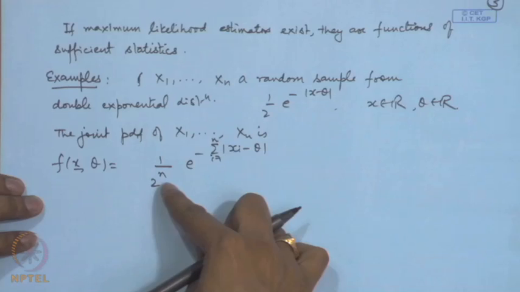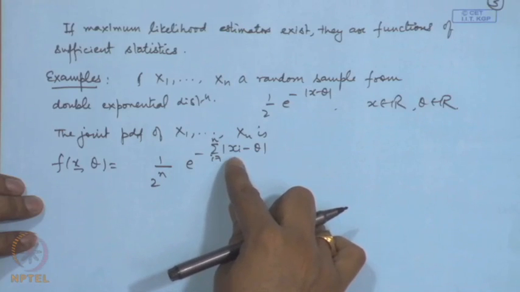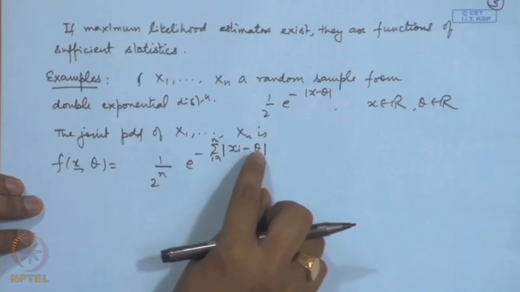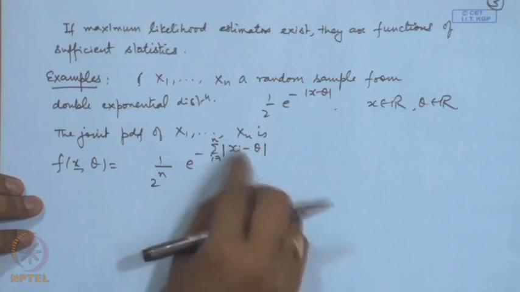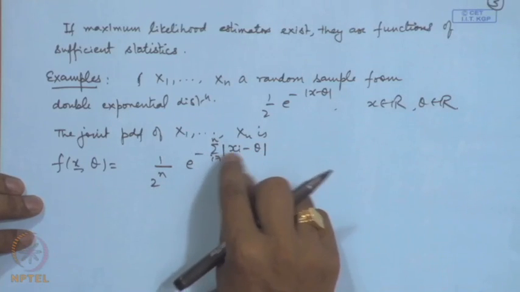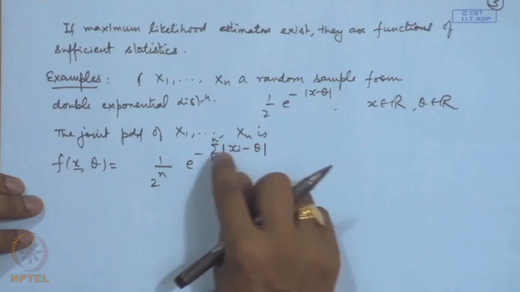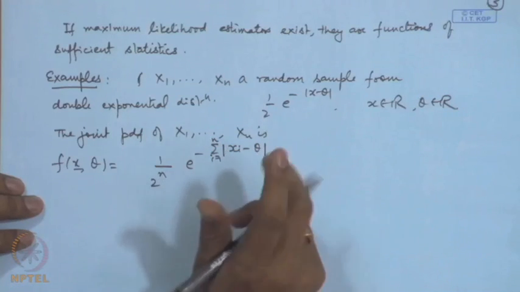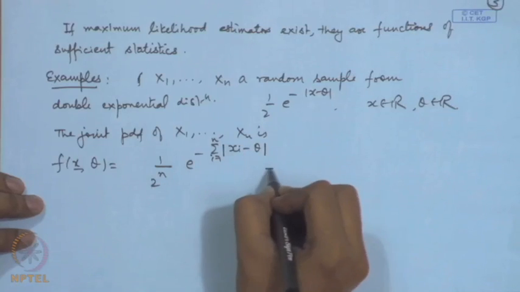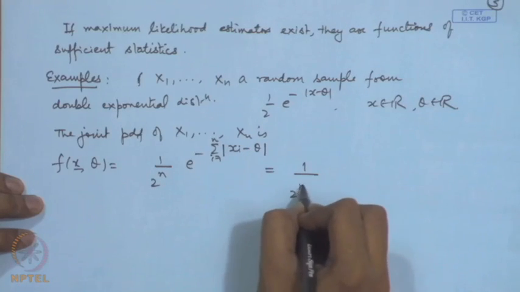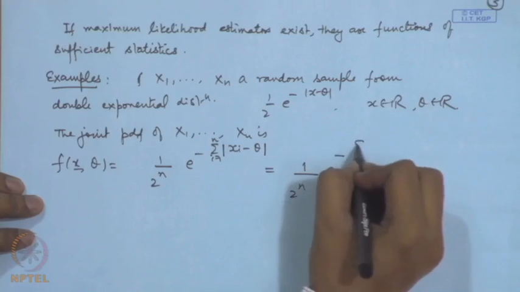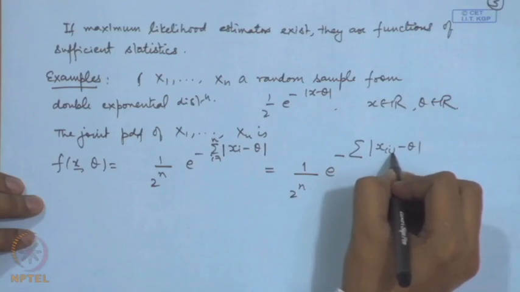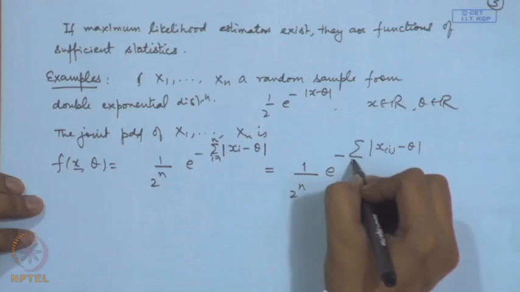Now, here you observe I cannot reduce it further as a function of parameter and another variable here, because each of the x I is appearing in the modulus sign, and therefore, I cannot separate it out. At the most I can consider the reduction as 1 by 2 to the power n e to the power minus sigma modulus of x I order statistics minus theta.